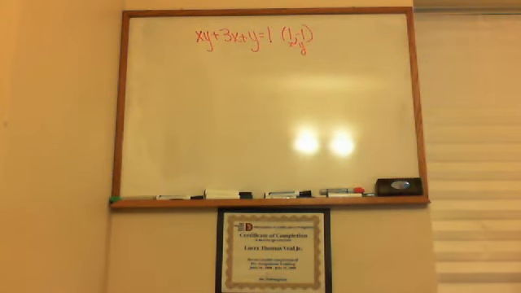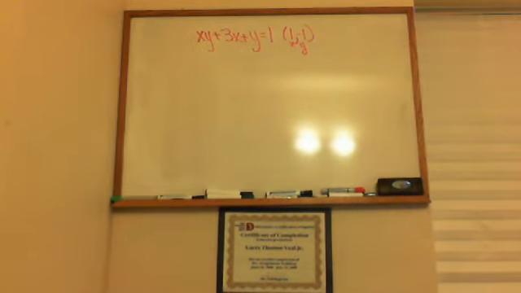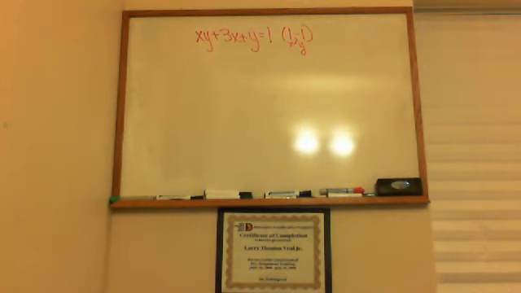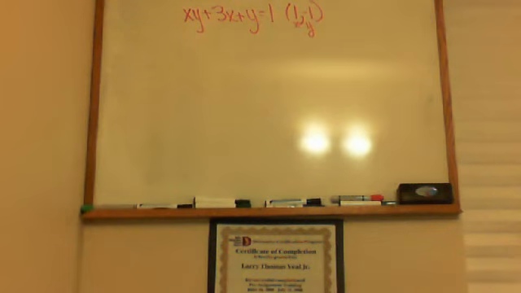So my problem is xy plus 3x plus y equals 1 at point (1, -1), with x comma y as the point. So you may ask me, alright Jay, what's the first step that we do?